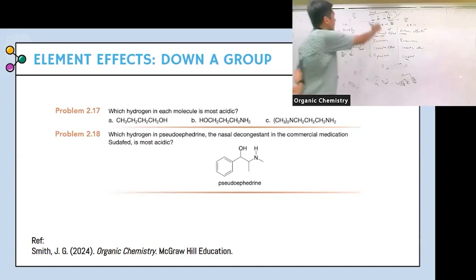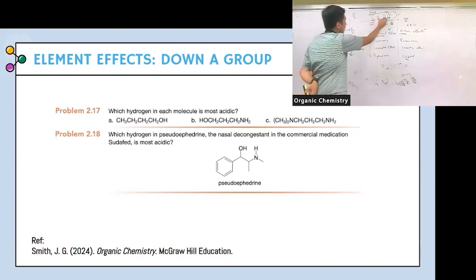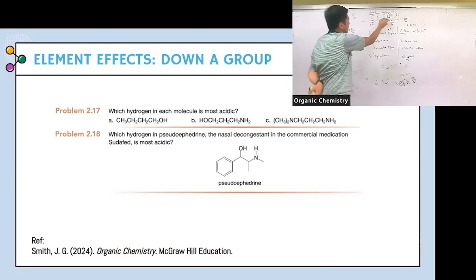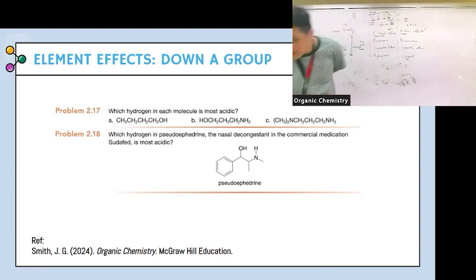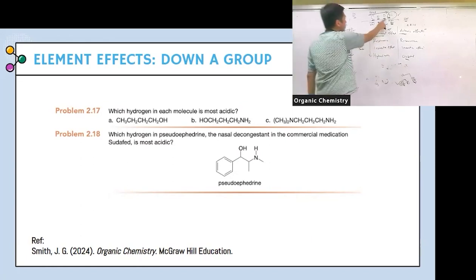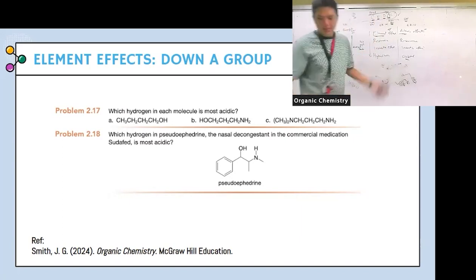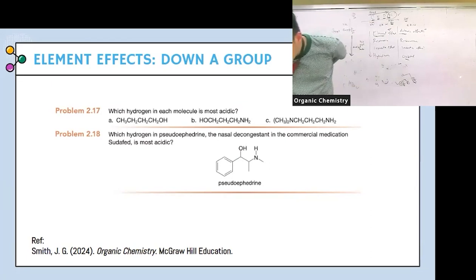So naturally, the answer should be B because you have 1 O, which is to the right of N, and 1 N, which is to the right of C kanina. So yeah, the correct answer is B.